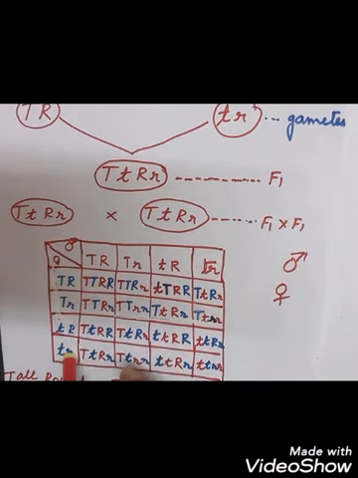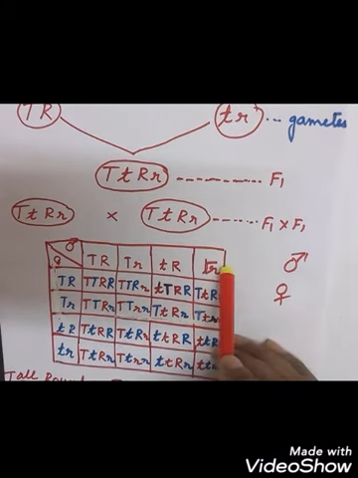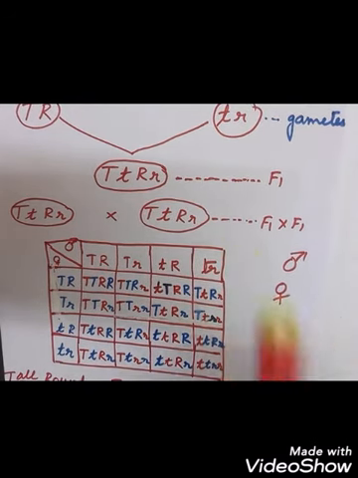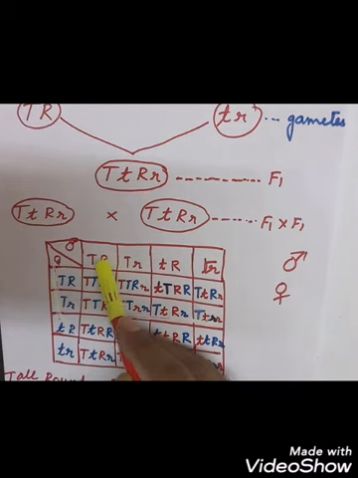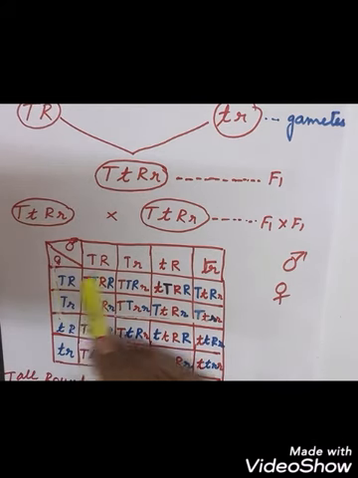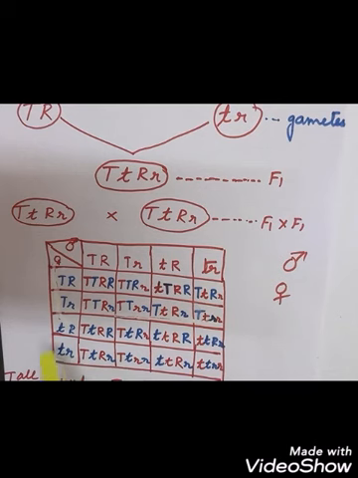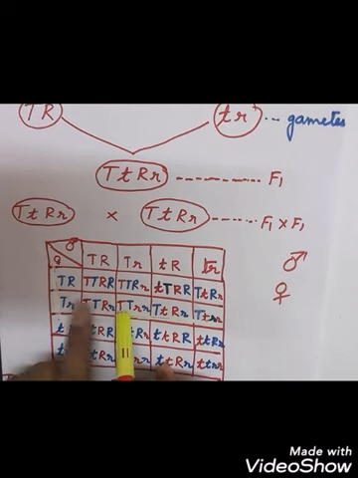Like this, four sets are there. Here also four sets. You complete it like this. After completing, you have to combine this one and this one, then this one with this one, and this one with this one. First set complete, then the second one. You can easily understand capital T, capital R, small r. I've used blue and red to represent all this.